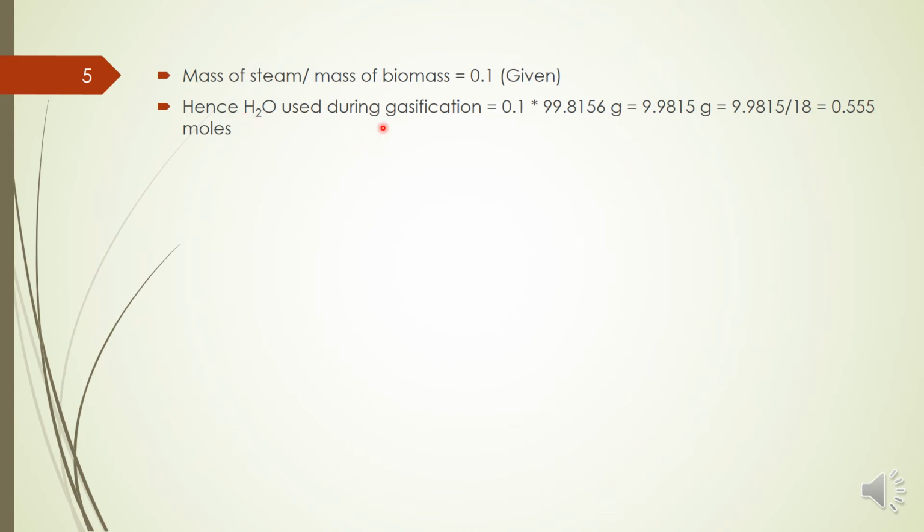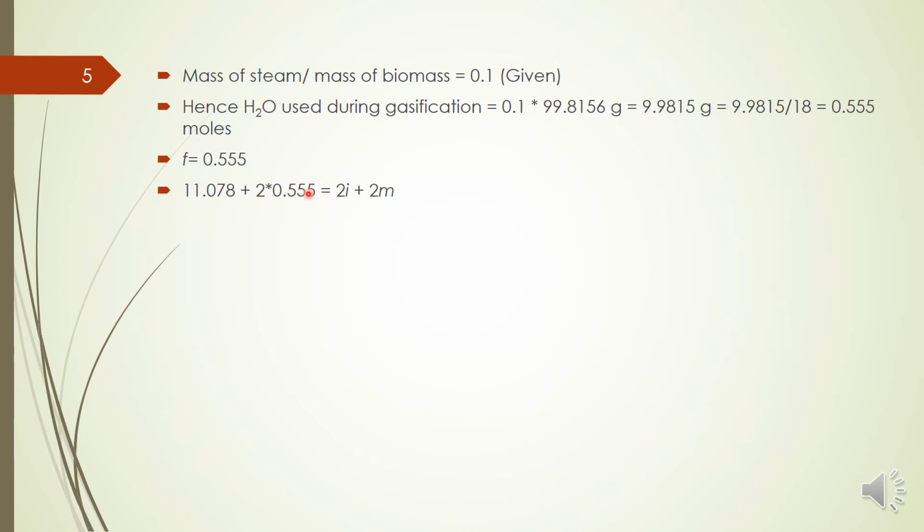So we are finding out the mole of steam used using this clue. That means our F will be, so F is the letter used for representing the mole of steam in the reactant side. So F will be 0.555. Now we have one more clue, so we can substitute that 2F. So we have one equation like this.